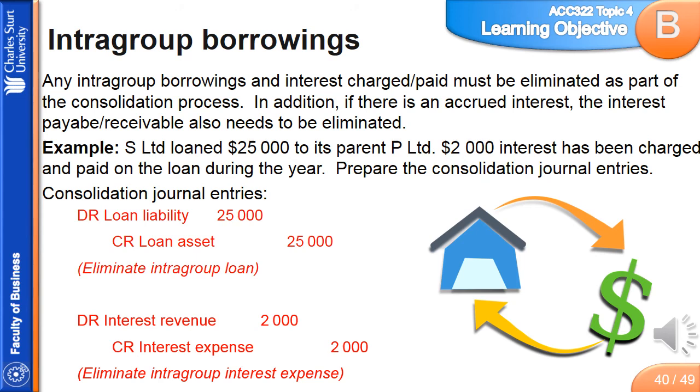That means at the end of the reporting period, which is halfway through the year, you'll need to record a payable and receivable amount for that first year of interest that's accrued. So that will be a debit to the payable and a credit to the receivable. And there's an example on page 1013 of the textbook that goes through that.